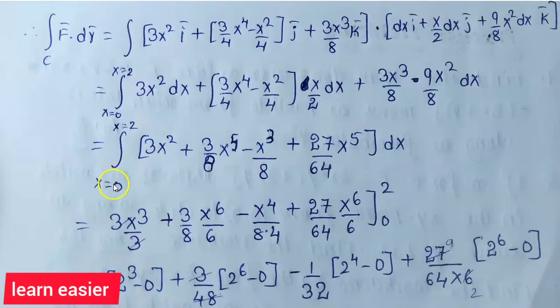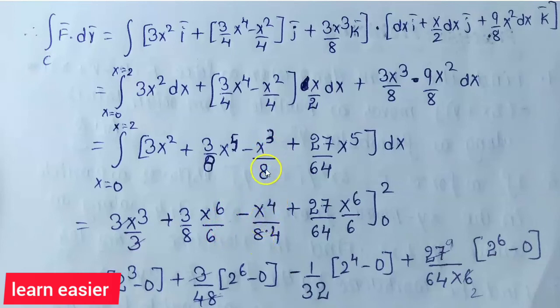Next we have to integrate these terms. The integrals are from 0 to 2, because these terms are in terms of x, so that's why we take the integral from 0 to 2. So 3 into the integral of x square is x cube by 3, plus 3 by 8 into the integral of x power 5, which is x power 6 by 6, minus the integral of x cube, which is x power 4 by 4.